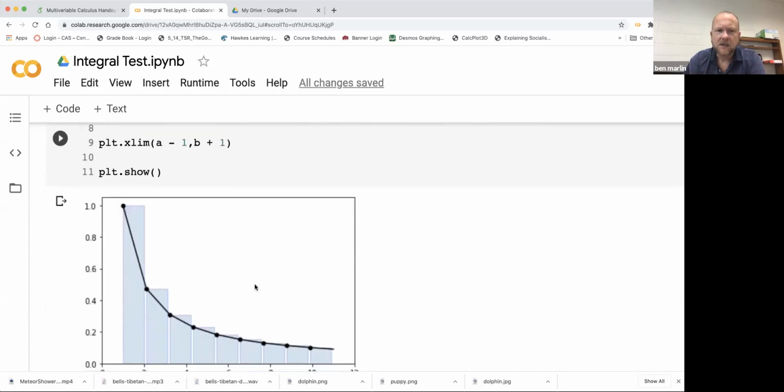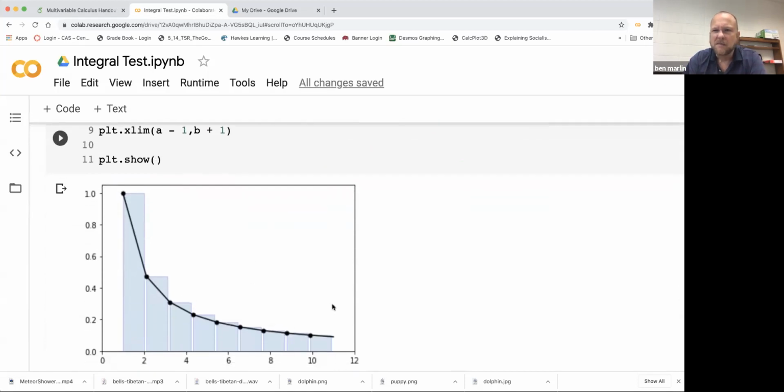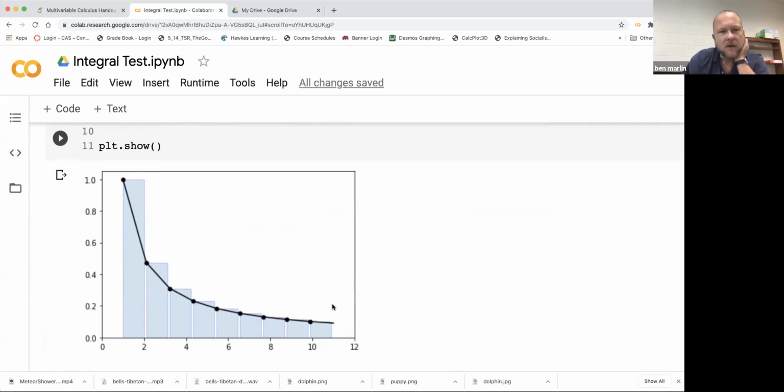So with the visualization here, my picture is going to be a little bit chunky, but if I take that same curve and I take all of the left endpoints, so here I've got x equals 1, x equals 2, and so forth, because that function is decreasing, that means if I draw those boxes, the area of the boxes added up is going to be more than the area under the curve.